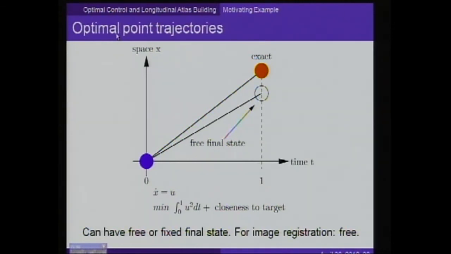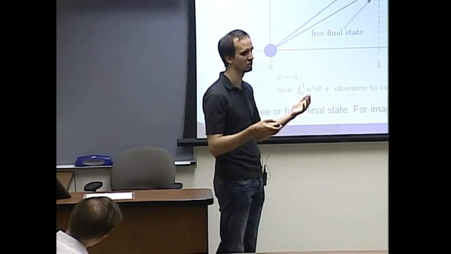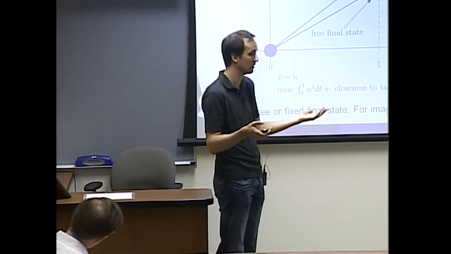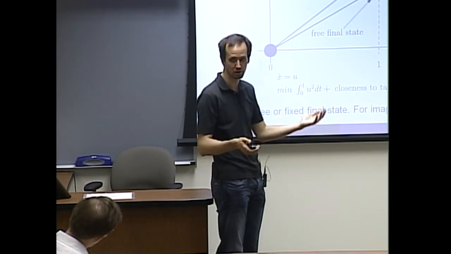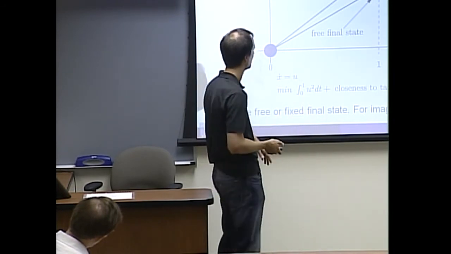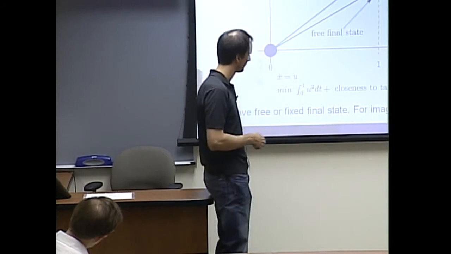So it's not necessary to reach it exactly. This is typically what's being done in image registration, right? Because if you have two different images, you may be able to align them pretty well, but chances are you won't be able to align them perfectly, because if they come from different subjects, no matter what you do, you won't be able to have a perfect alignment, or there may be noise, these kinds of things. So you typically settle for a free final state.